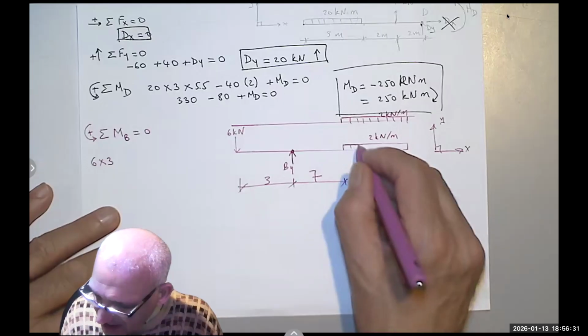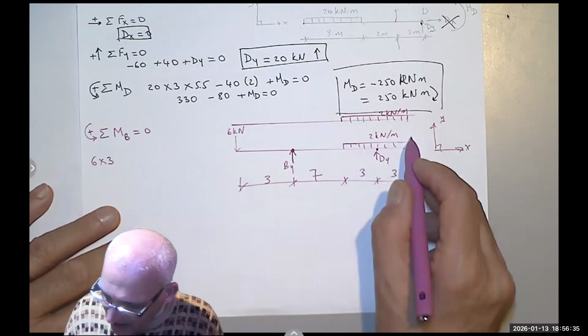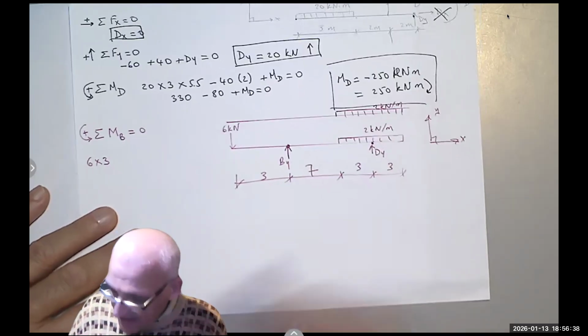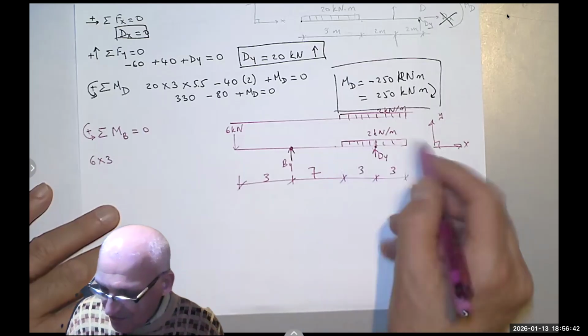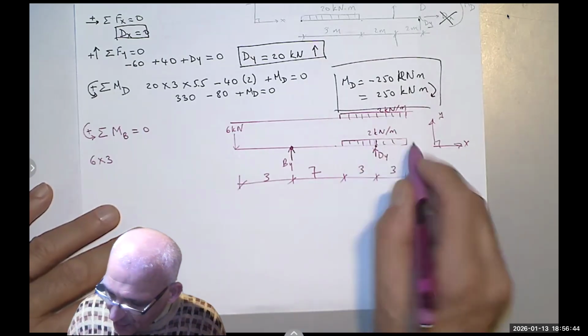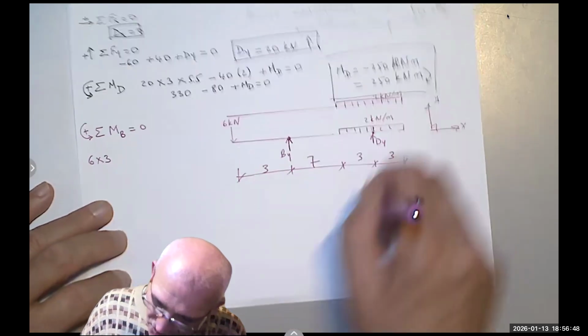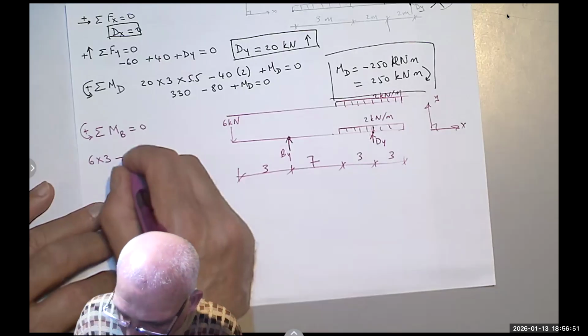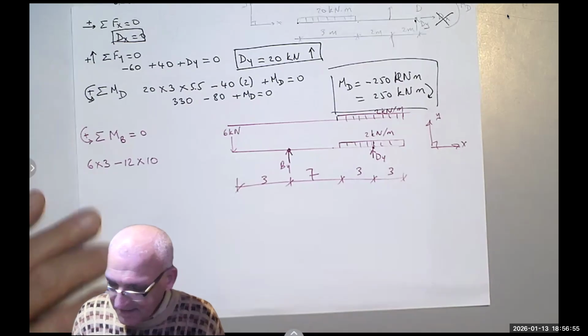Then I have 2 kilonewton per meter times 6 is 12 kilonewton, times 10. Do you see that the middle is exactly at D because it's 3 to the left, 3 to the right. So 2 times 6 is 12, and 12 times 10 is 120, but it's rotating clockwise, so it's minus 12 kilonewton times 10 meters.